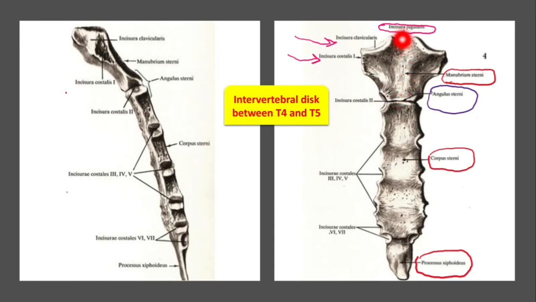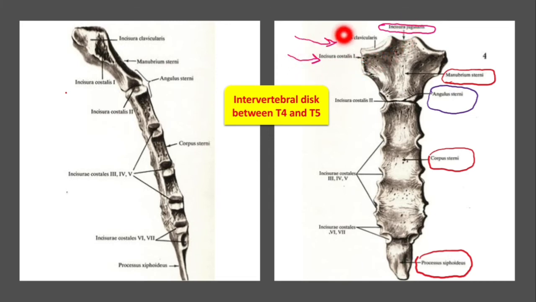On top, there is a jugular notch, incisura jugularis. Can you find this on yourself and palpate it? Please do it. The incisura jugularis, the jugular notch. Okay, cool, if you find it.